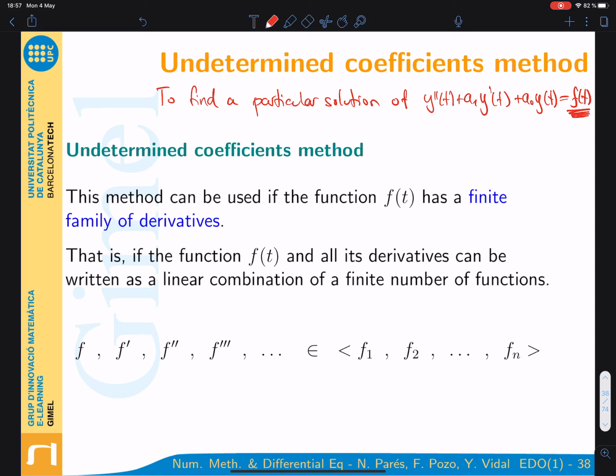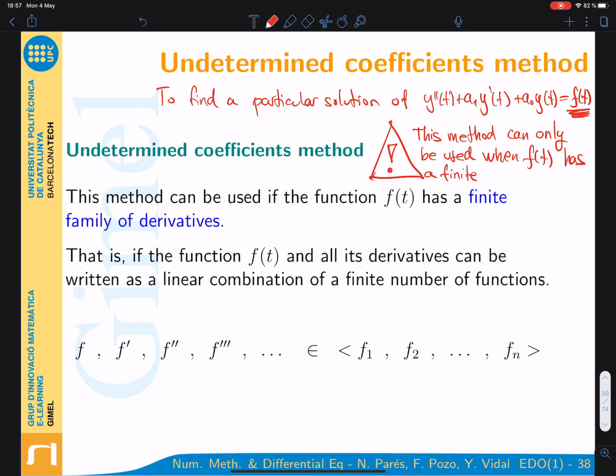And now it's going to be very important, f of t. In fact, I will write here like an alert sign, very important. This method can only be used when f of t has something called a finite family of derivatives.